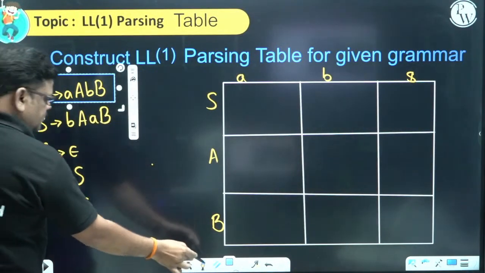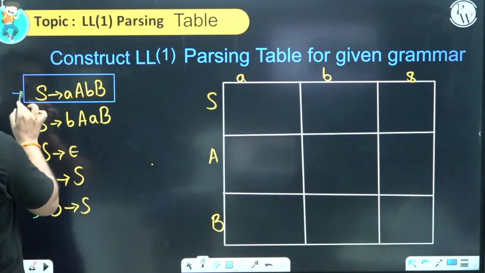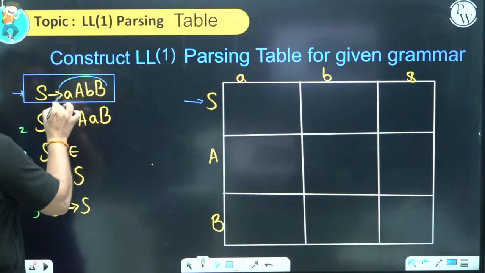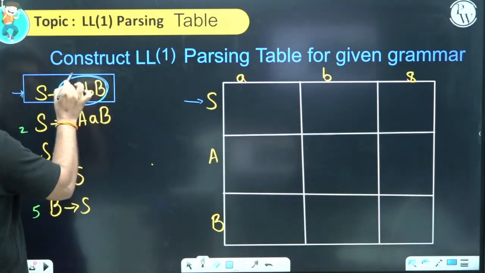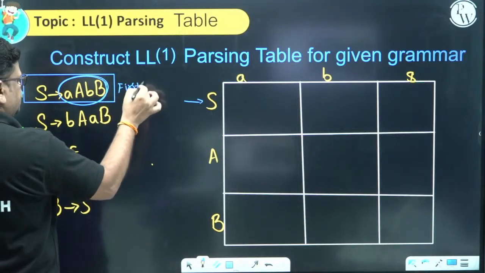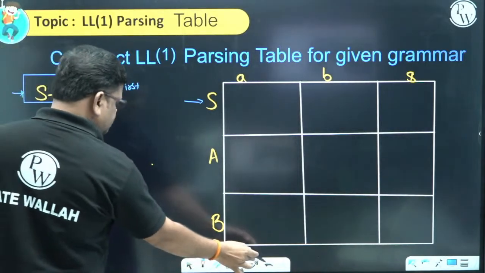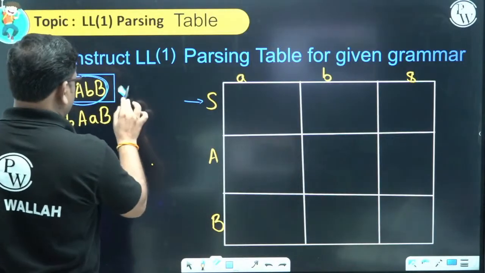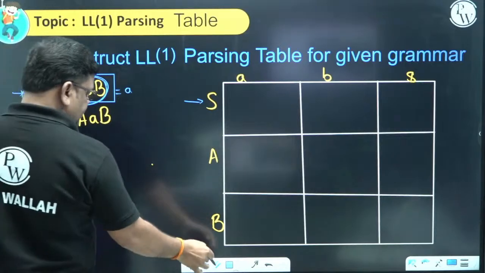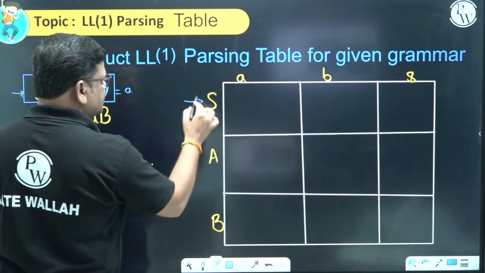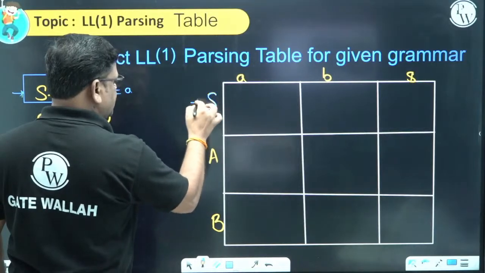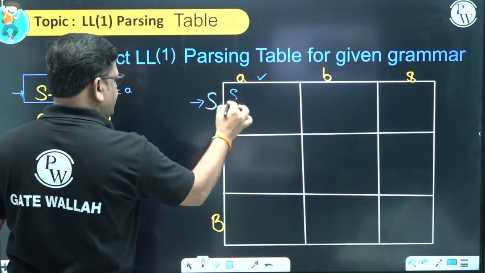Calculate the row and column. The row for this is S. The column for this is the first of the right hand side. What is the first of this part? First of this is nothing but A. So the column will be decided as A. So the table entry for this production: row is this, column is this.